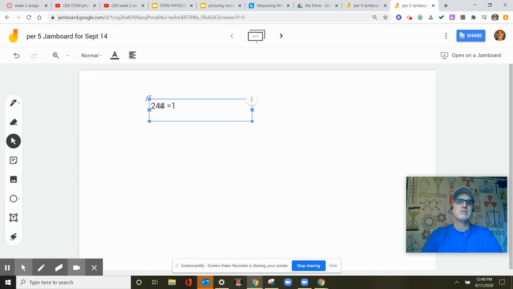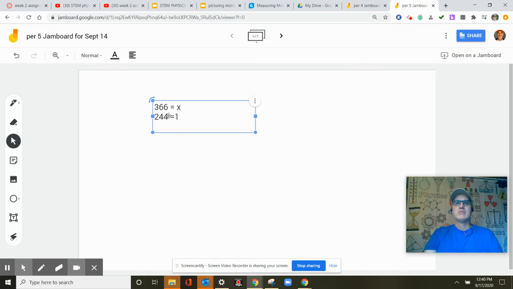This is not the best. Just to work on stuff. Oh my God. All right, so 366 is X seconds, 240. Oh, was it 240? Whatever it was. Shoot.